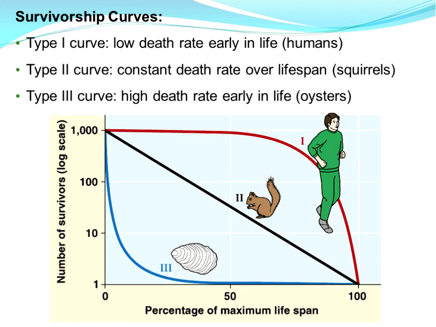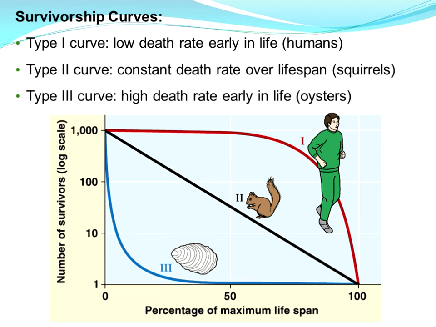So here are some examples of those survivorship curves. A type 1 curve is more like humans and other larger mammals. We have a low death rate early in life, and most individuals when born will survive, and then as we age, that number of the population decreases as we get closer to 100.